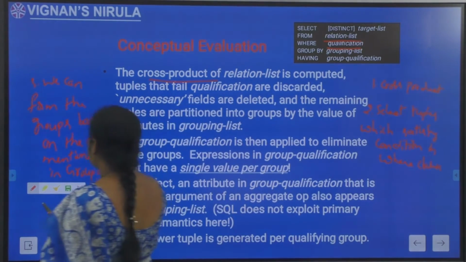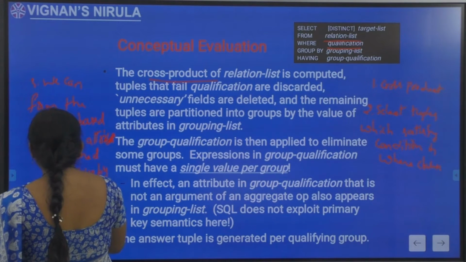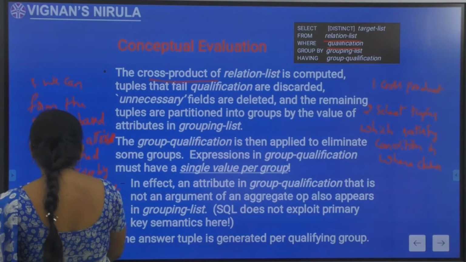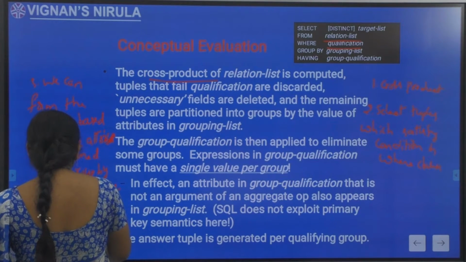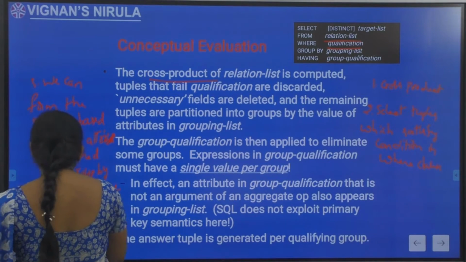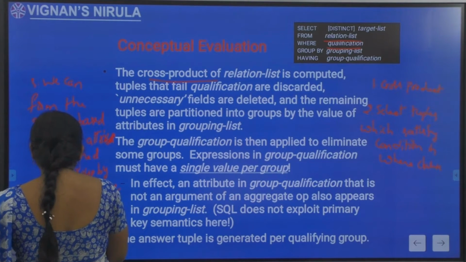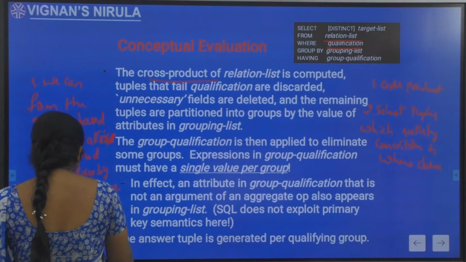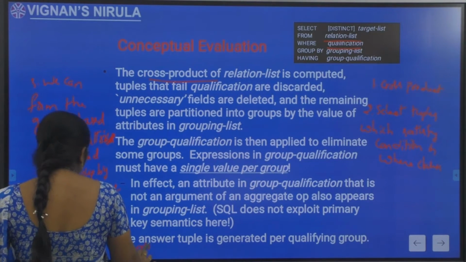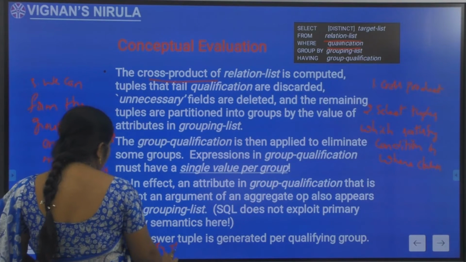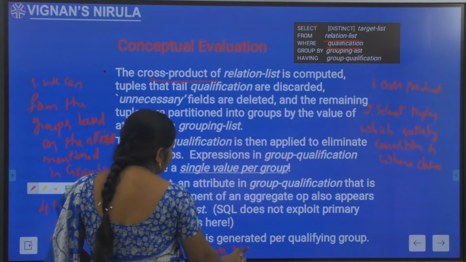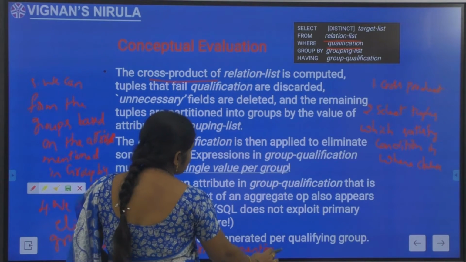The next step is we should eliminate the groups that don't satisfy the criteria mentioned in the having clause.